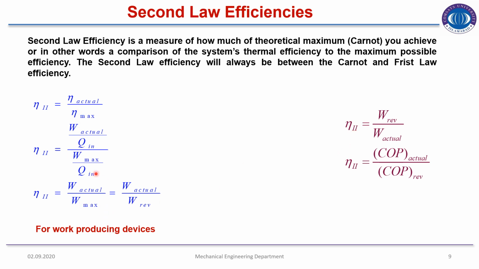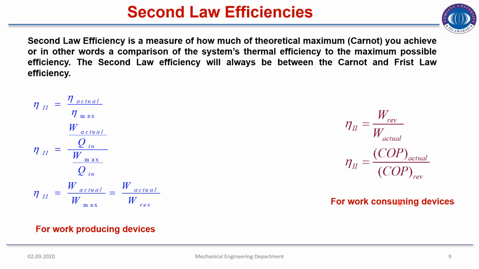So this relation is for work producing devices, and on the right hand side we have another second law efficiency relation for work consuming devices. If we are discussing a heat engine and we have to find its second law efficiency, then we use the relation on the left hand side in blue color, and on the right hand side the equations are purple.